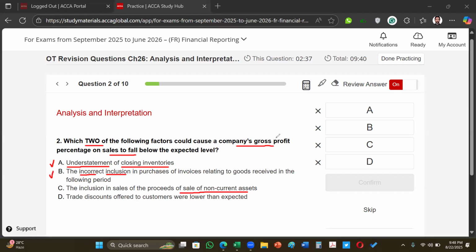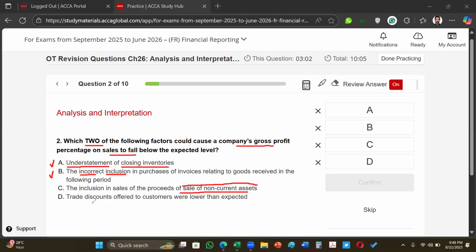So when it is included in revenue incorrectly, it increases the sales and results in a higher gross profit figure, and the gross profit to sales percent is expected to increase. So this is not the right answer.